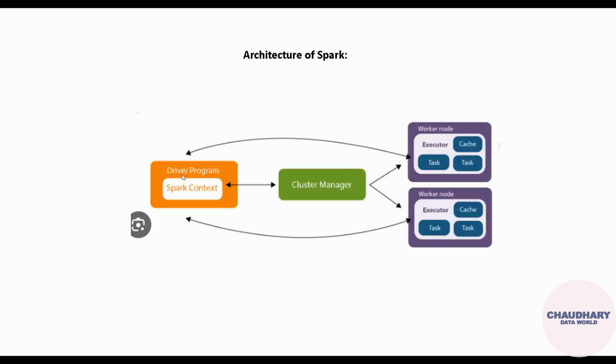So when we write the code in Python, PySpark comes into the picture. That is the whole story about the architecture of Apache Spark and how PySpark fits into this whole concept, which I have explained right now.